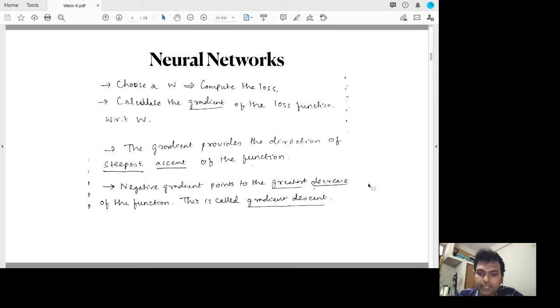You compute the gradient and then you move in the direction opposite to the gradient. That will change your W in such a way that your loss function goes on reducing. Your loss function going on reducing means you are performing increasingly well on your training data. Is this clear till now?